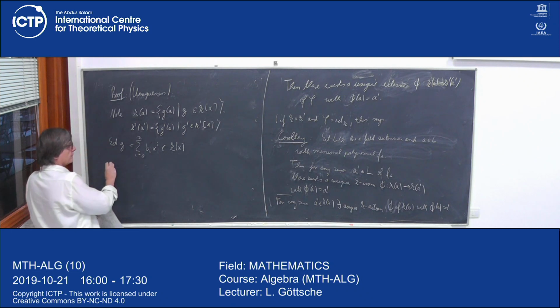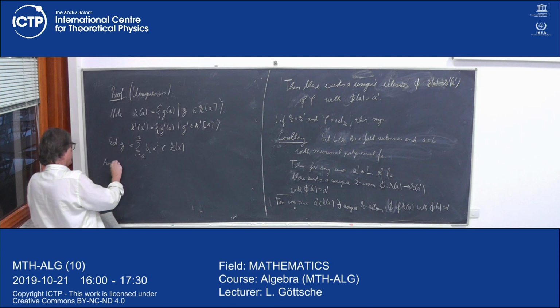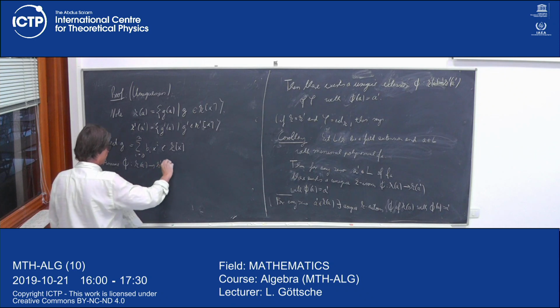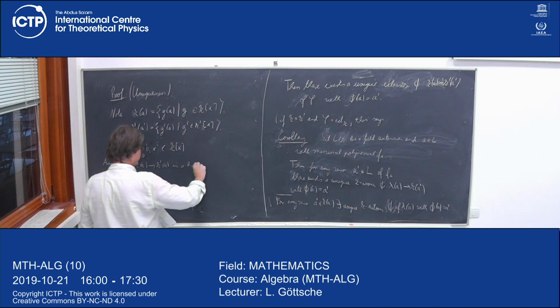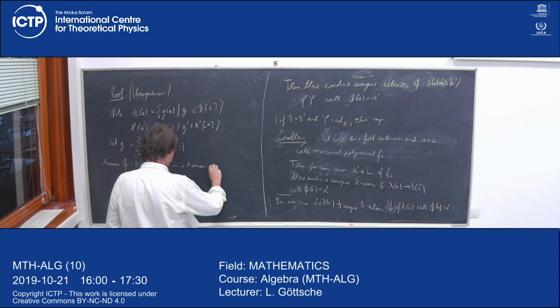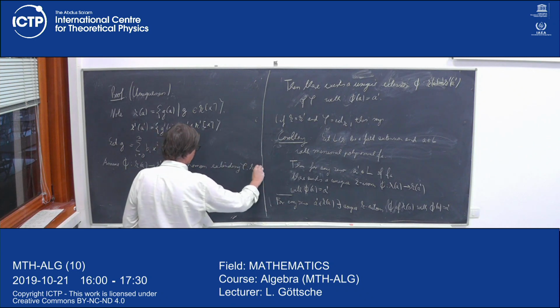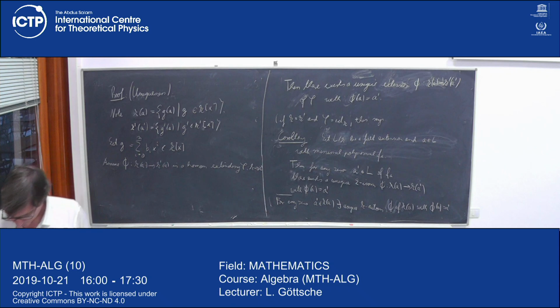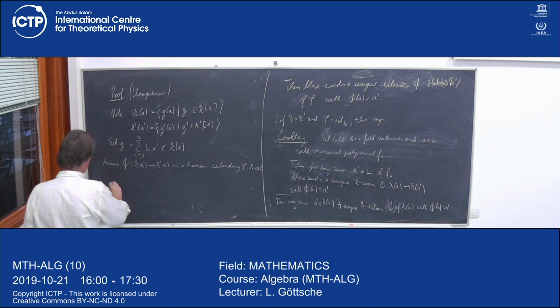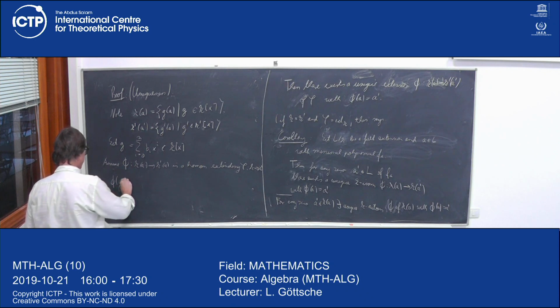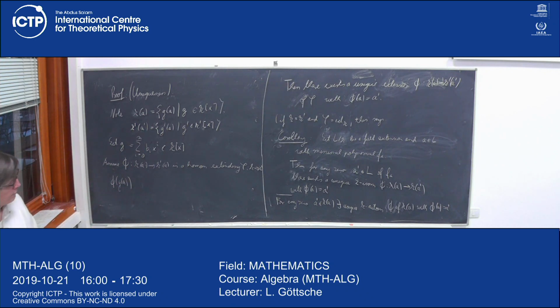So now assume big phi from Ka to K prime A prime is a homomorphism extending small phi from K to K prime. Then if I take phi of a general element G of A, I claim we can compute it by just what we have here.